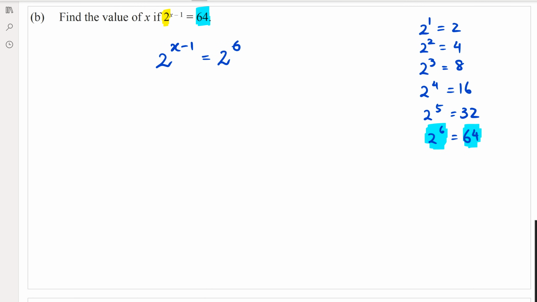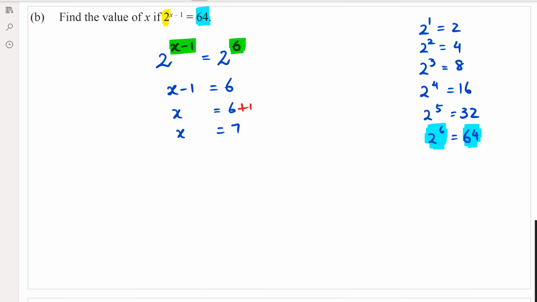Now, because the two bases are the same, I can fairly confidently say that the powers have also got to be equal to each other. So I just forget about the base and rewrite this as x minus 1 equals 6. And then you can just say x is equal to 7. You don't need to do this whole 6 plus 1 part, but it's just to show you where that 7 comes from.